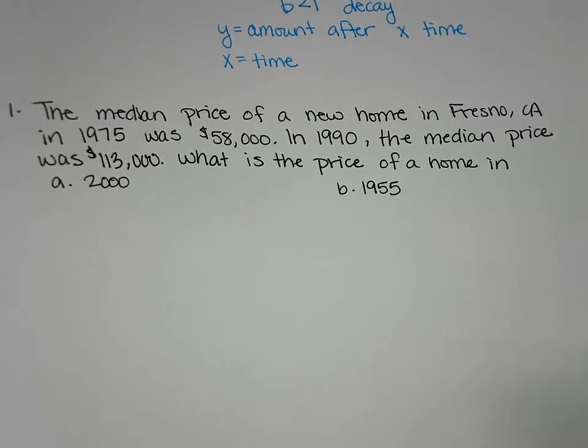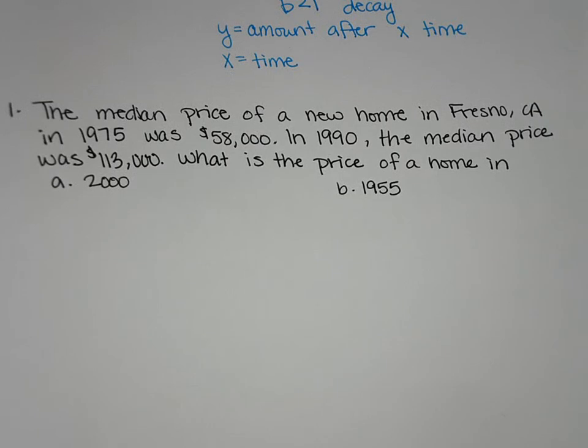So we are pretty much being asked, based on 2 points in time, we're given the median cost of a house. And based on those 2 points in time, can we predict what the average cost will be in 2000? Or how much it would have been back in 1955, 20 years earlier.